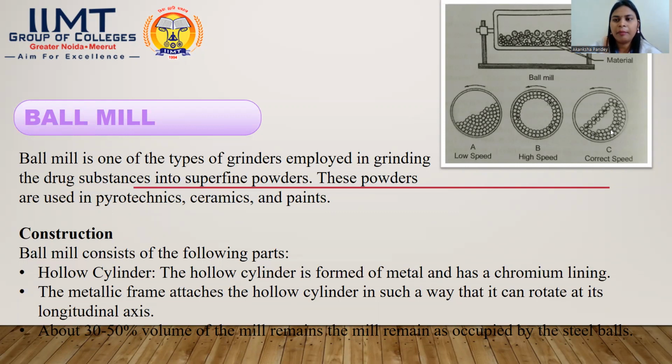After falling down, the particles strike each other, strike the metal balls, and strike the surface of the cylinder. So the chances of getting fine particles are higher in this kind of mill than in the hammer mill. Okay.